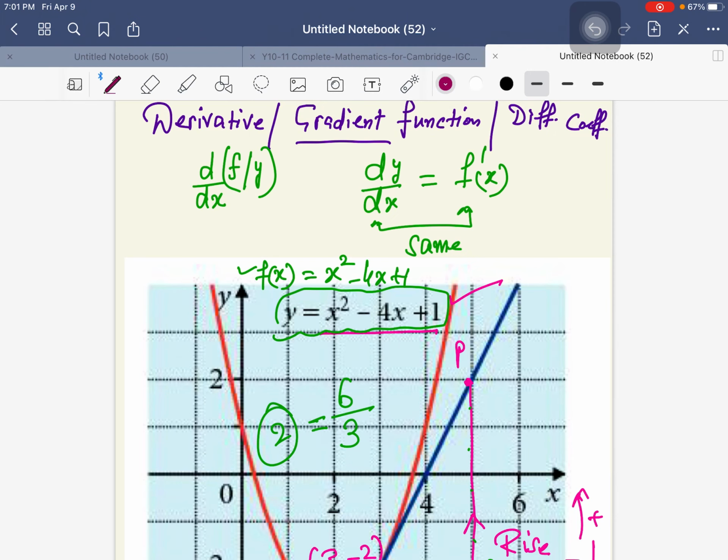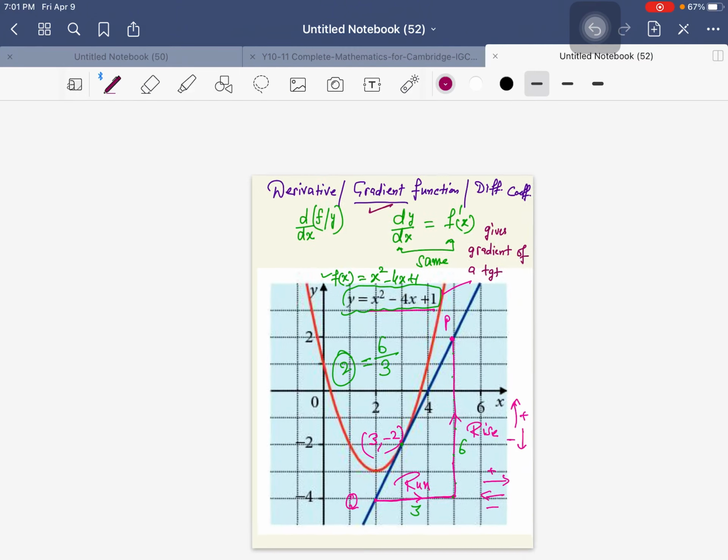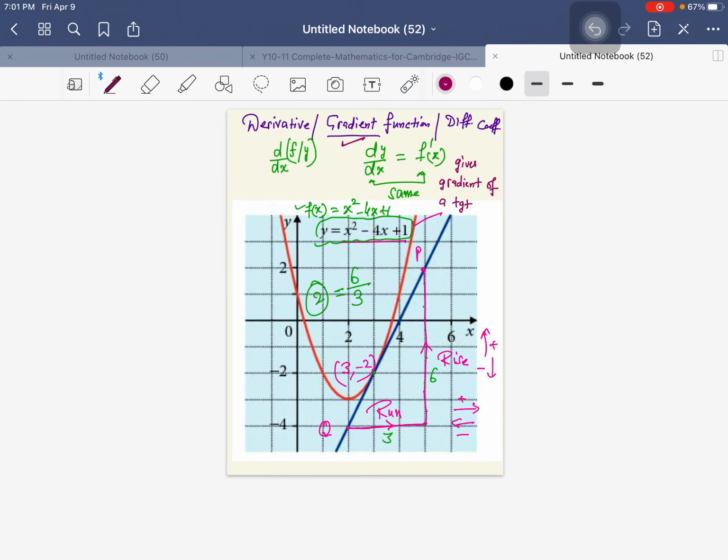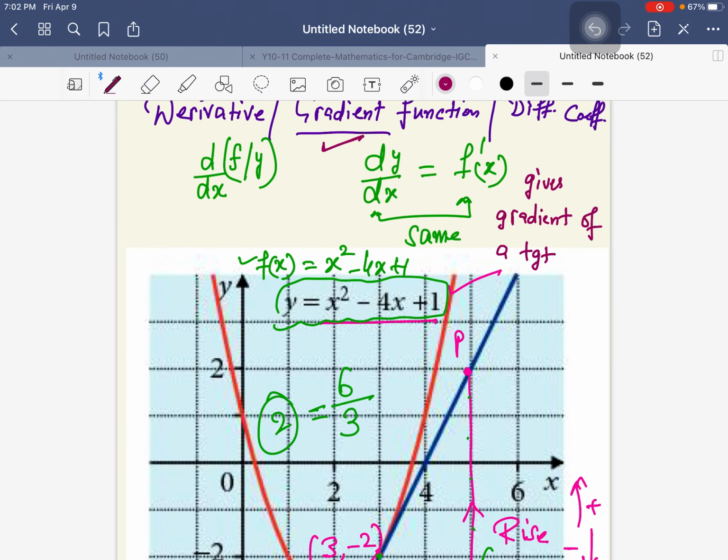So by definition, what is derivative? Derivative is a gradient function. So derivative gives the gradient of a tangent, in this case the blue line, at a point on the graph of that function.